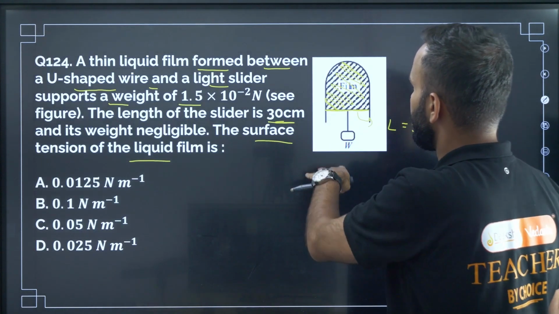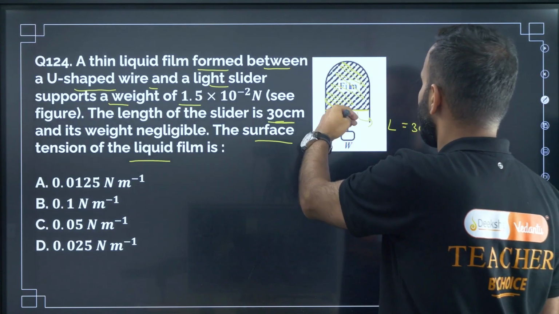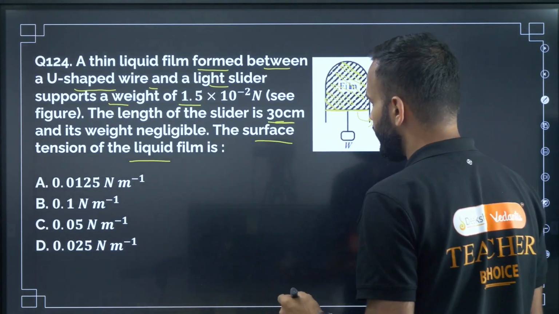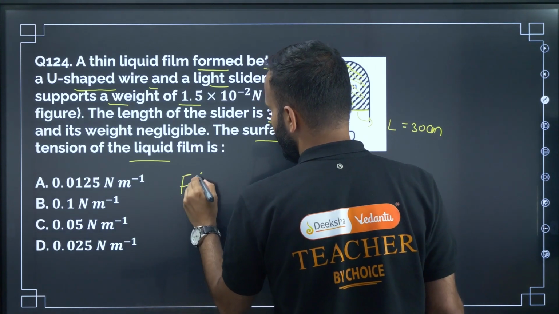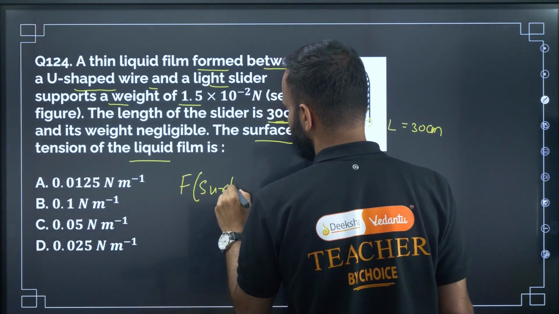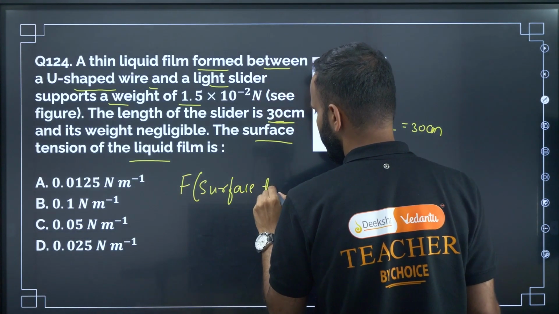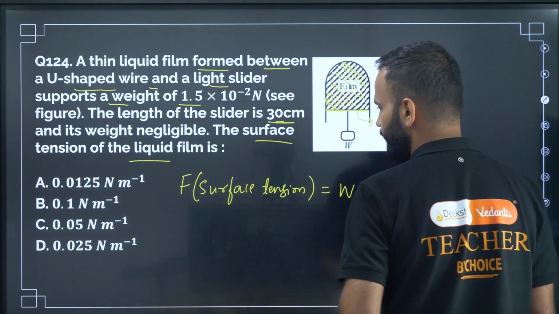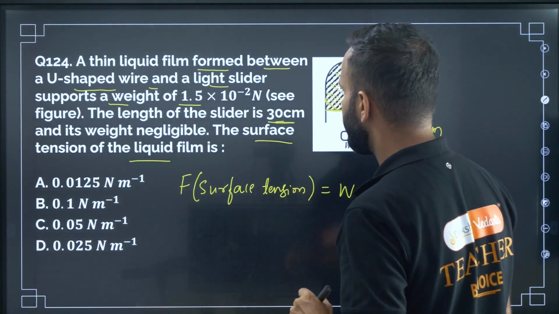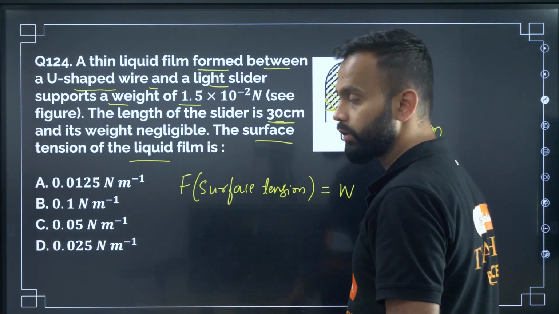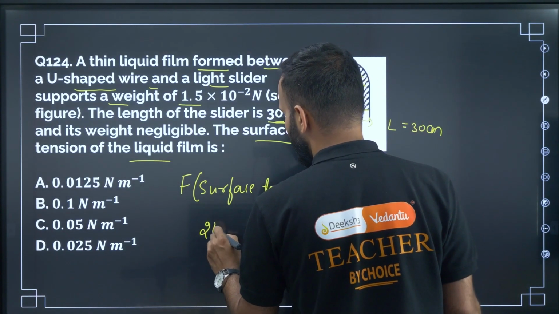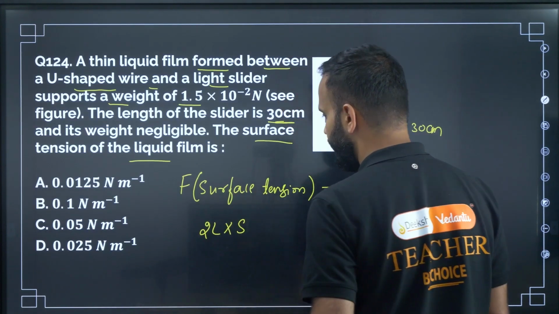So the force of surface tension is equal to weight, right? So what is the force of surface tension? The force of surface tension is here 2L into S, right?